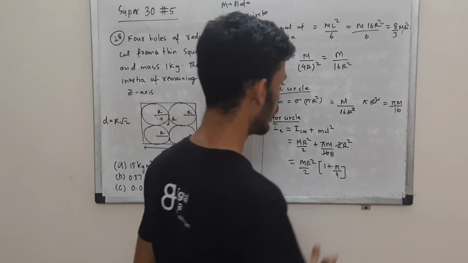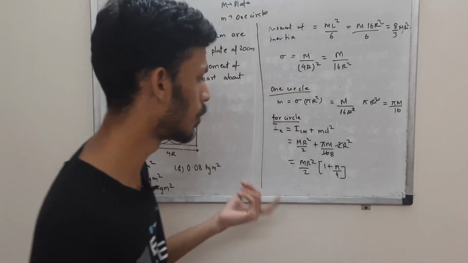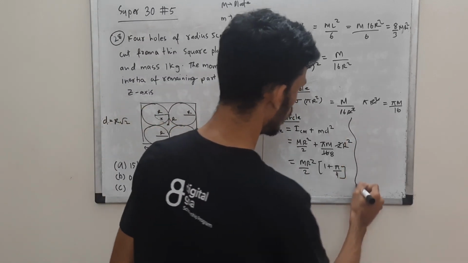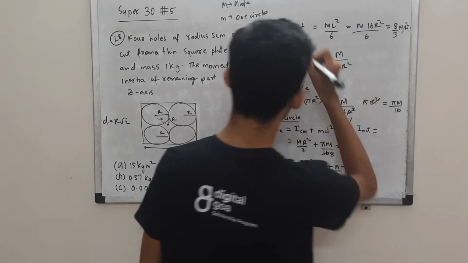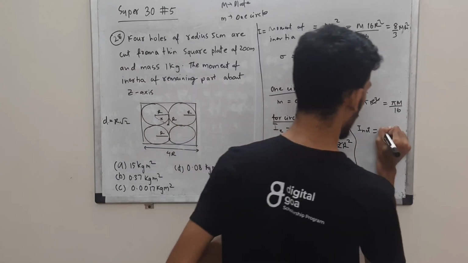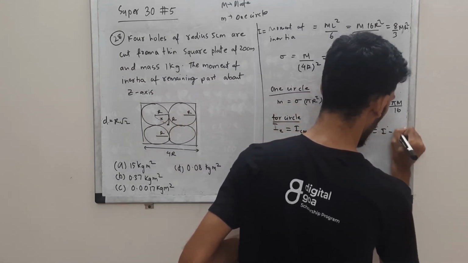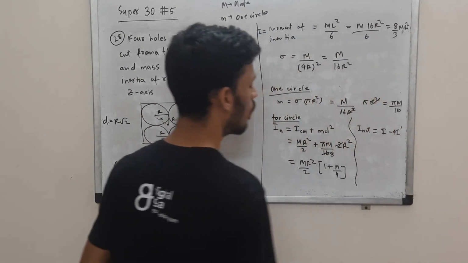Now the next thing that we are supposed to do, we multiply this by 4, because we have 4 circles. The net moment of inertia, I net, that we are supposed to find will be the initial I that we calculated minus that for the circles, I dash, 4 times, because there are 4 circles.